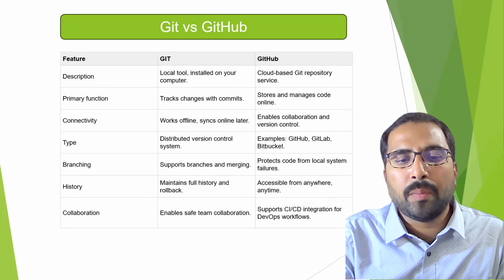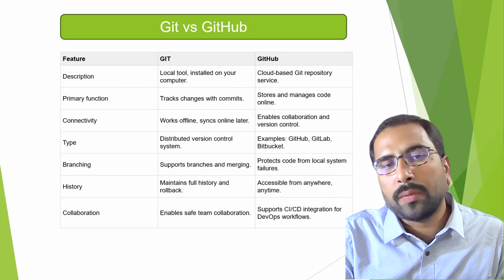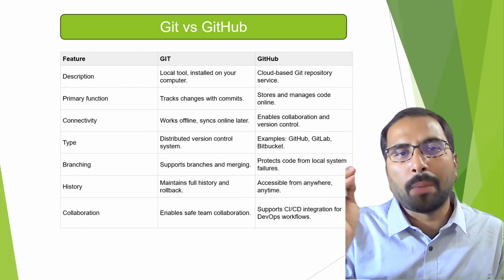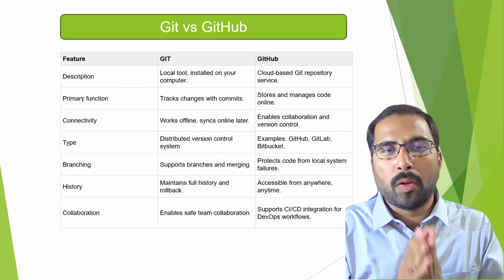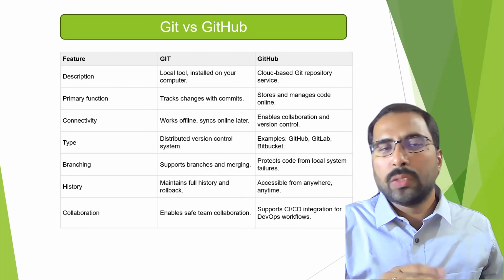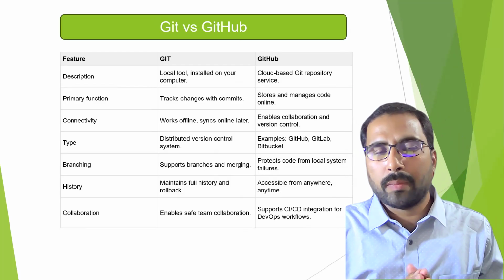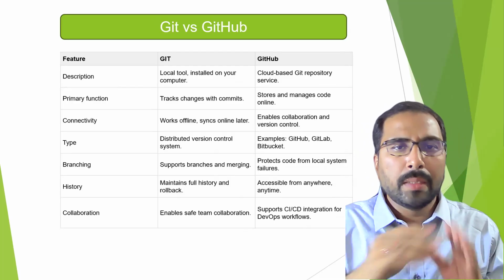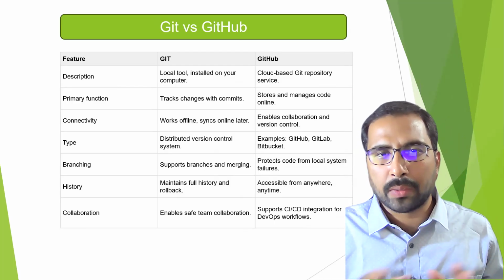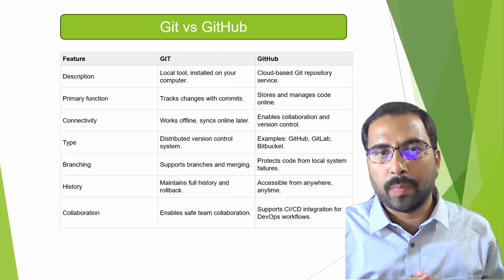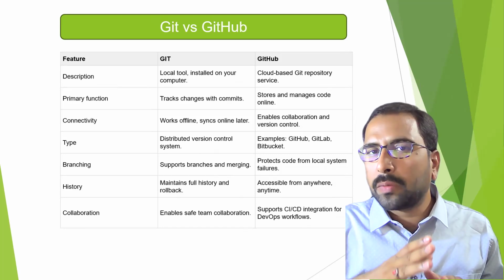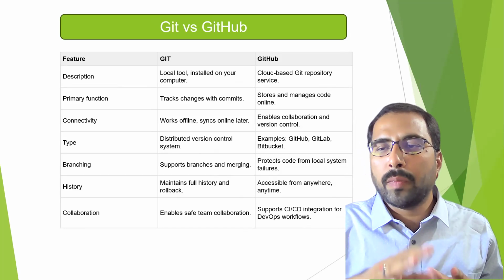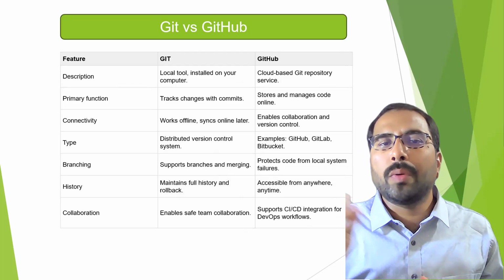And GitHub protects the code from local system failures. Why? For example, developer A implements a lot of changes, everything is good. One fine day, his laptop suddenly crashes, and obviously he lost data. But when he implemented the code, he pushed it to GitHub.